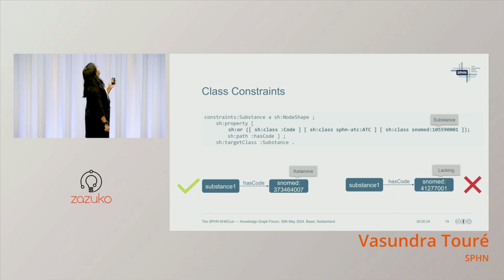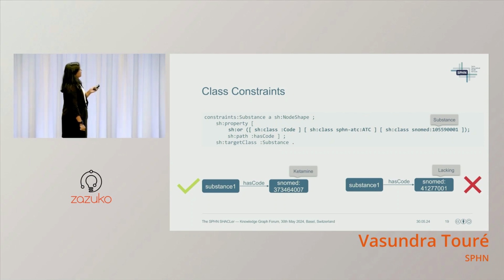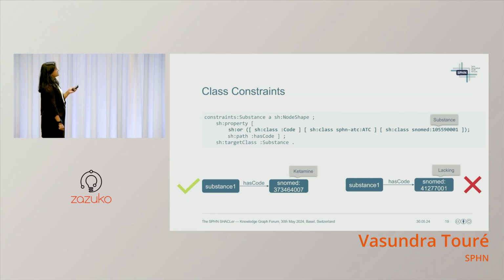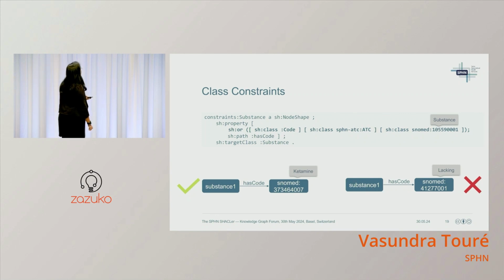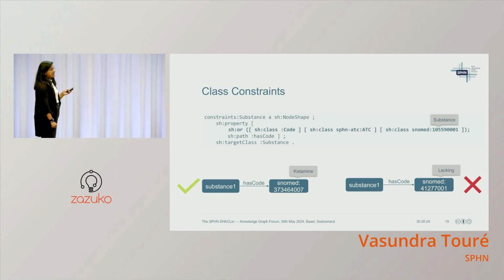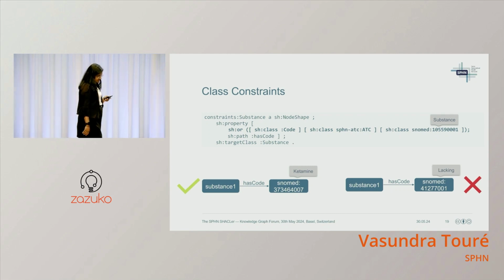So in the case of substance, you can only allow any code coming from the substance and all the children of this substance class. Therefore, in the example on the left side, you can see that the ketamine actually comes from the substance hierarchy, and therefore this would be valid, but this other code actually would not be validated because it does not come from this class.